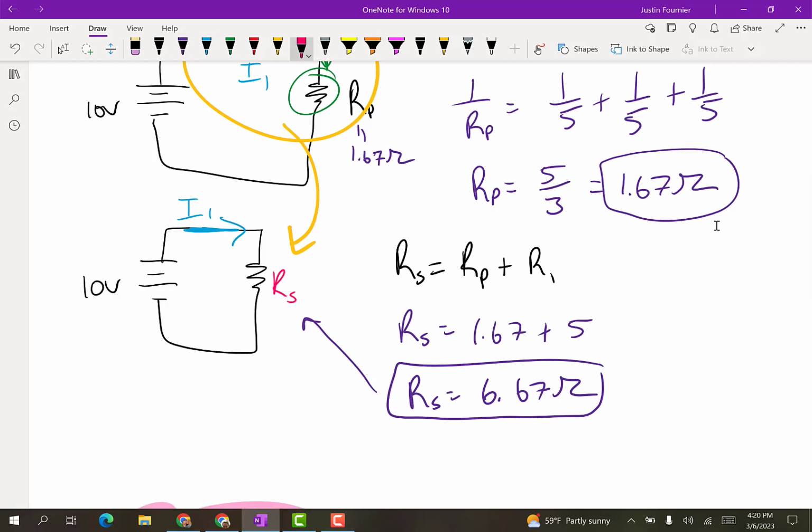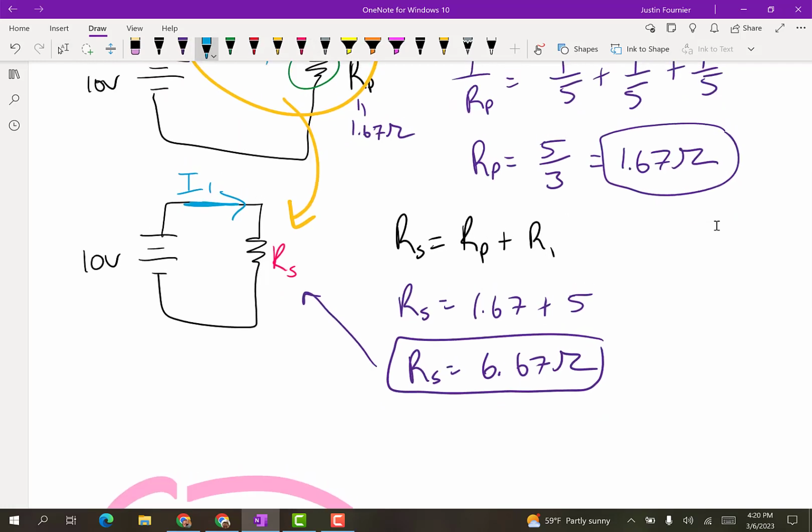So I can use Ohm's law, our old friend, which is going to be the voltage across the battery divided by the equivalent resistance, RS. So the current going through resistor 1 is the battery voltage, 10 volts, divided by 6.67, and I get a current of about 1.5 amps.